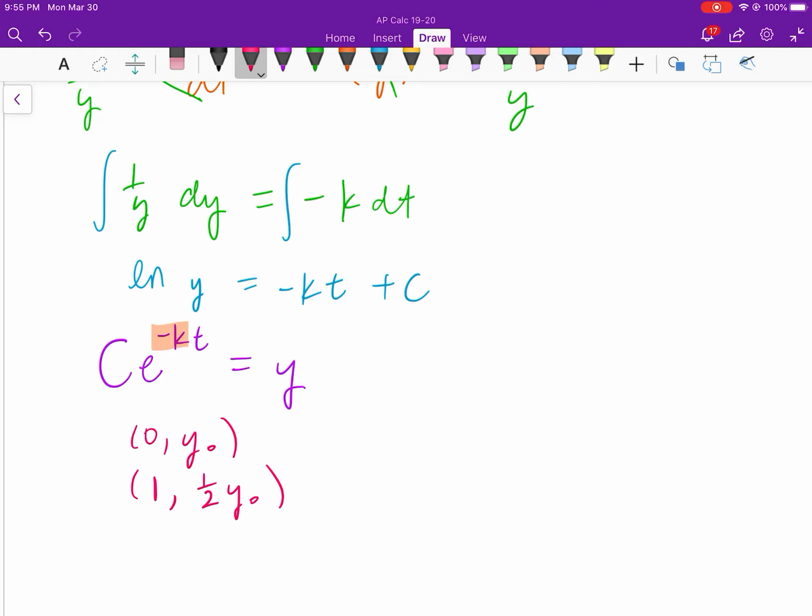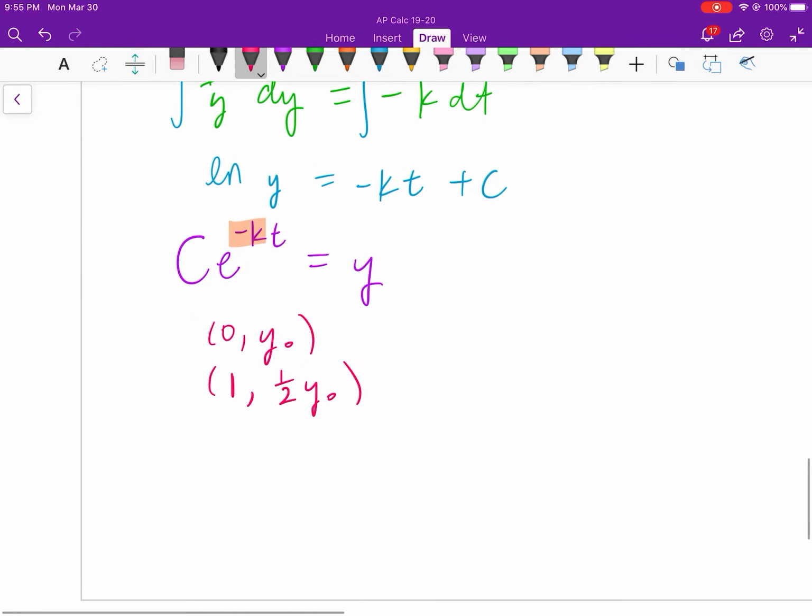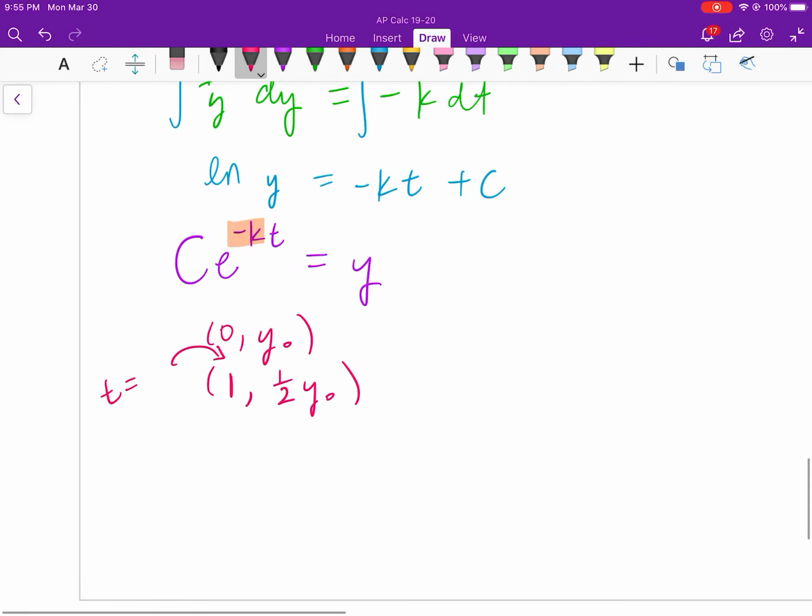In 2 total half-lives, you're going to be left with a fourth of what you originally had, right? You cut it in half each time. Now, as long as we let t be equal to the number of half-lives, this is all the info that we need to find out what that k value might be.